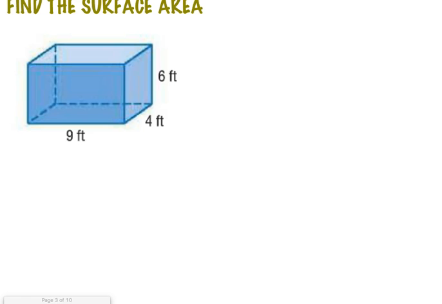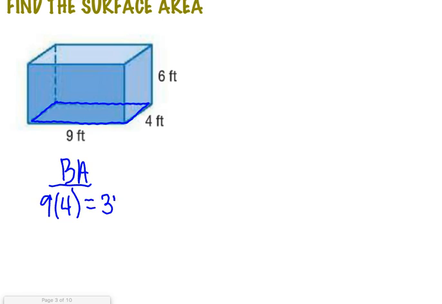Okay, let's try to find one of these surface areas. This is about as basic as it gets, a rectangular prism. If we first start with our base area, I'm just going to abbreviate with the BA. And it helps me if I trace it out. So what are the dimensions of that bottom rectangle? 9 by 4.